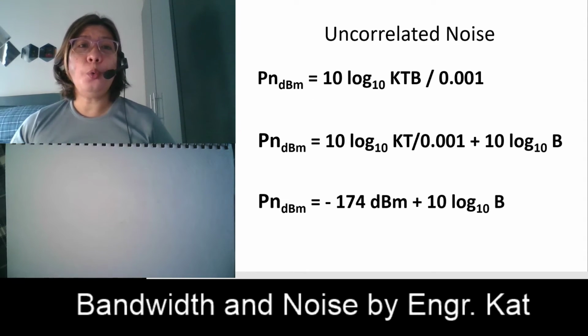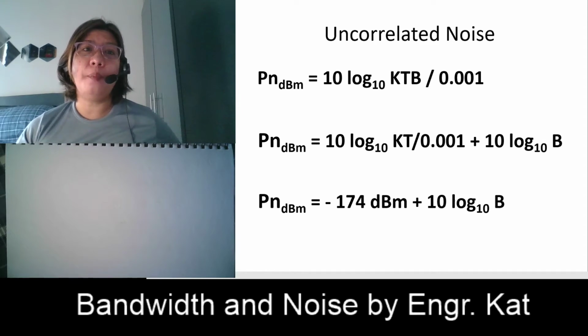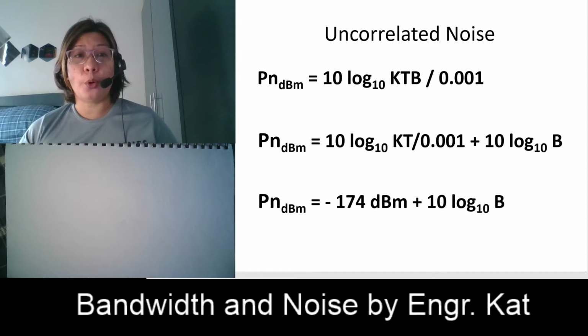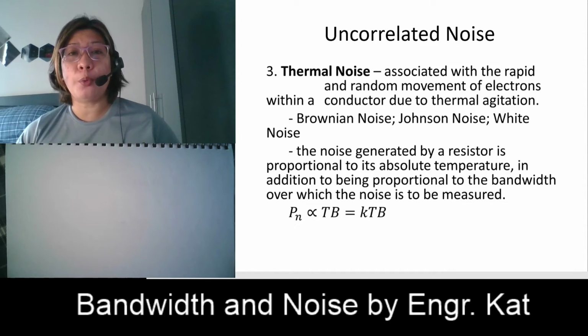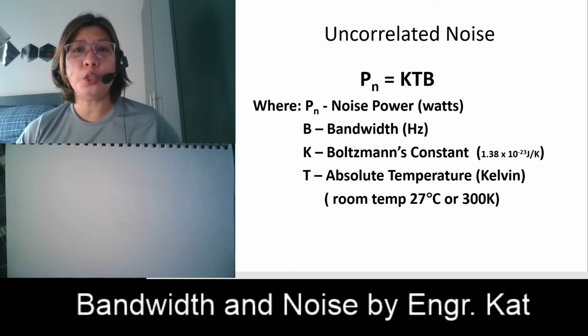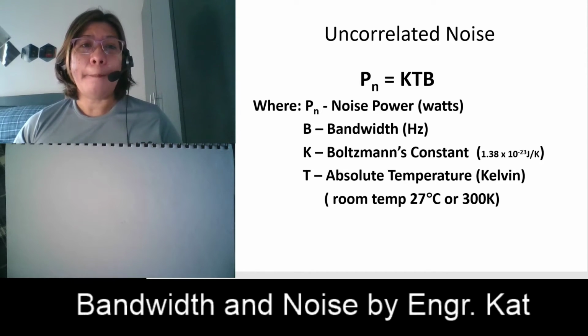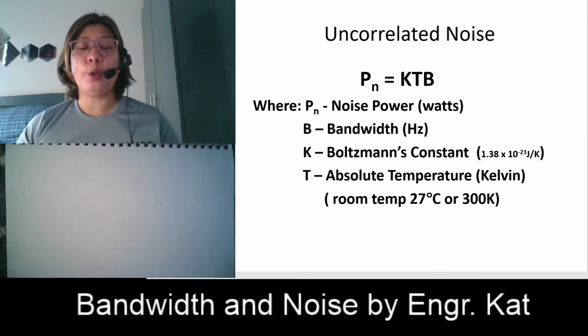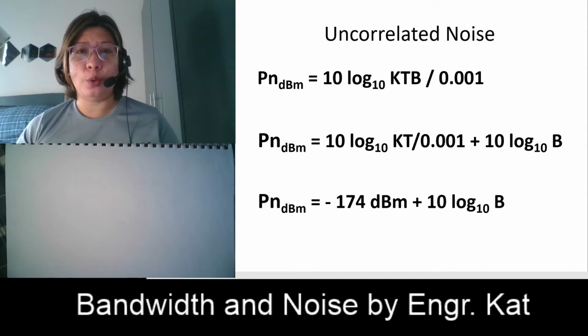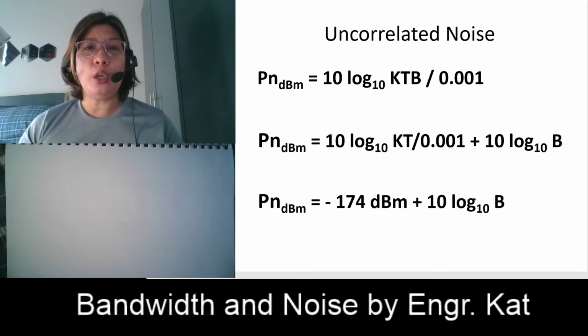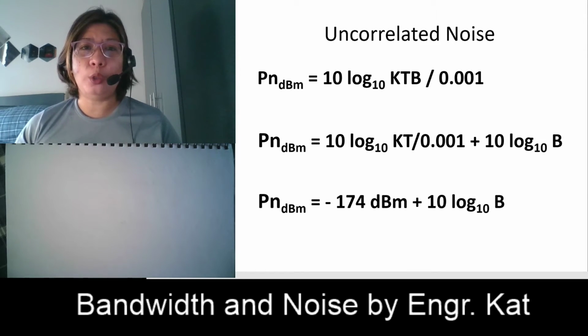Likewise, we can express your noise power. This is your noise power in terms of watts, but we can also express that in terms of decibels. We usually make use of dBm. Again, what do we mean by dBm? Our reference value here is 1 milliwatt.